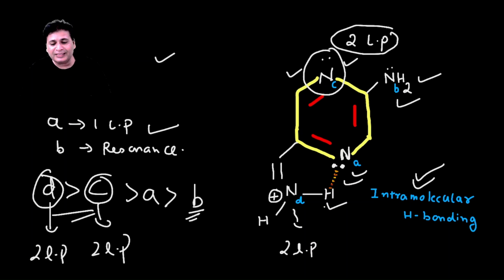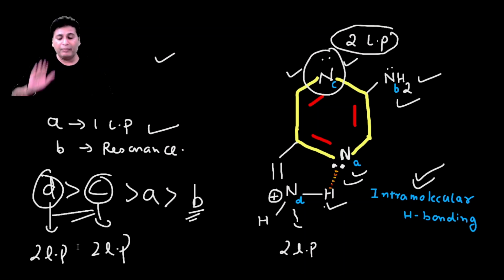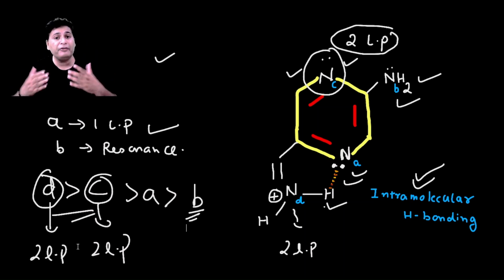So on this basis you can now tell that the D is going to be bearing two lone pairs in one of the resonating structures. C also will bear two lone pairs in one of the resonating structures, and because of more availability their basicity is more. However, amongst C and D, D has some edge, some benefit because of the intramolecular hydrogen bonding, which is good for the cation it makes after giving electrons to the proton.